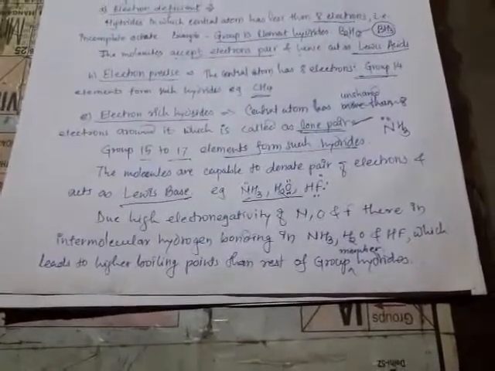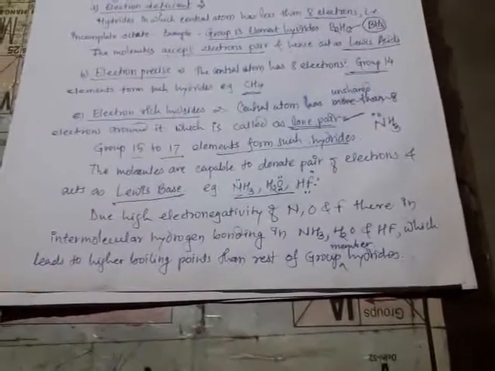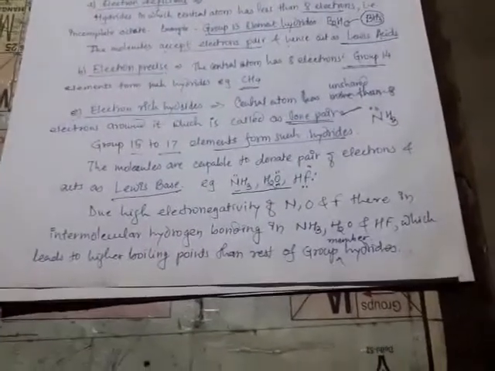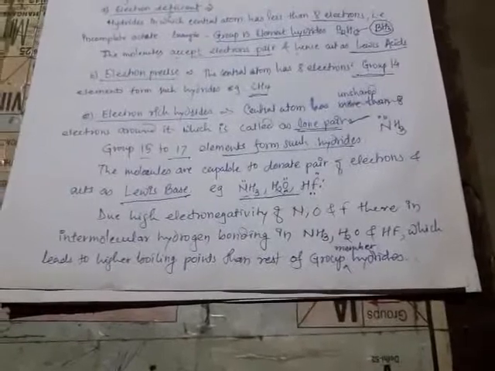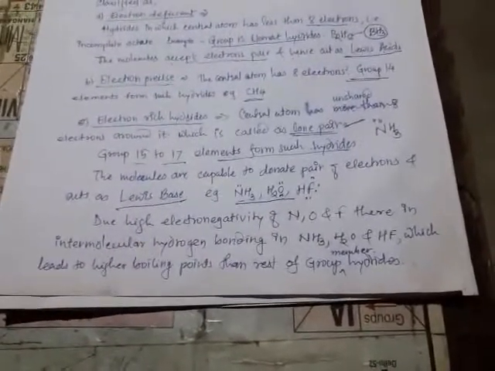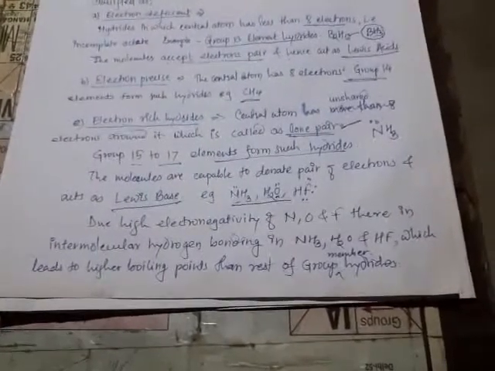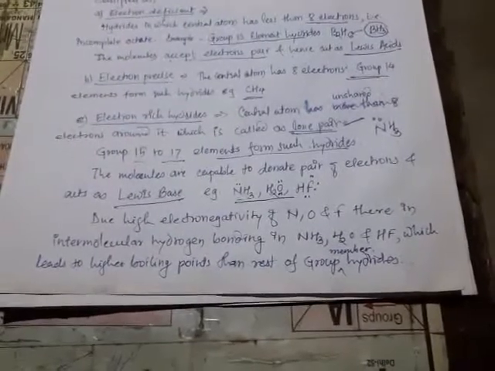So this is due to the hydrogen bonding, which shows that there is a very high difference in the boiling points of the hydrides. So all elements of group 15 to 17 are capable of forming hydrides which are electron rich, but the boiling points of hydrides of nitrogen, oxygen, fluorine are higher than the rest of the members because of intermolecular hydrogen bonding.